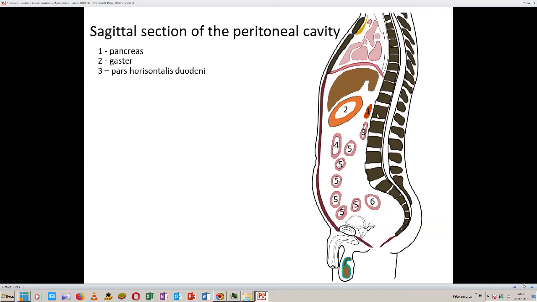Practically it's placed on the bodies of the vertebrae and also quite deep in the abdominal cavity, on the posterior wall of the abdominal cavity. Number 4, what is it? It's colon transversum. There is a mistake here, the letter C isn't necessary.